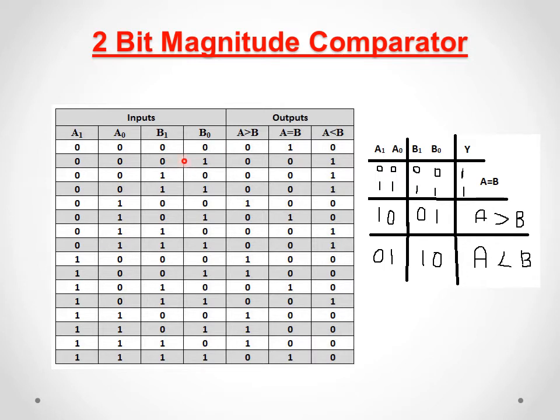For the second condition, input B is greater, so A less than B is high. In this condition, A is greater, so A greater than B is 1. Like this, all 16 combinations are filled.